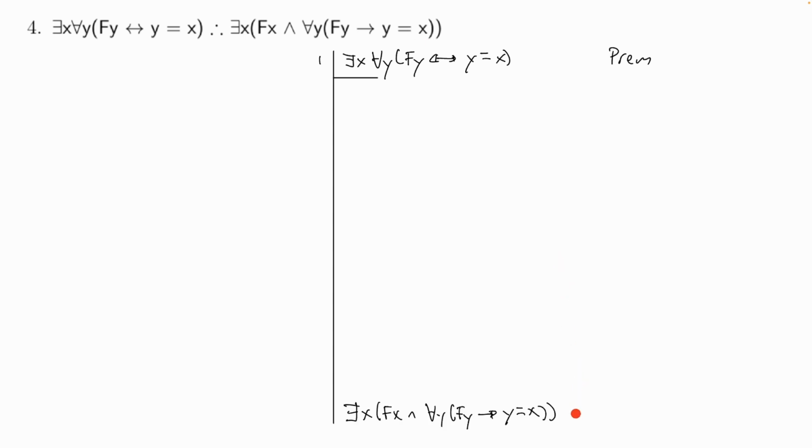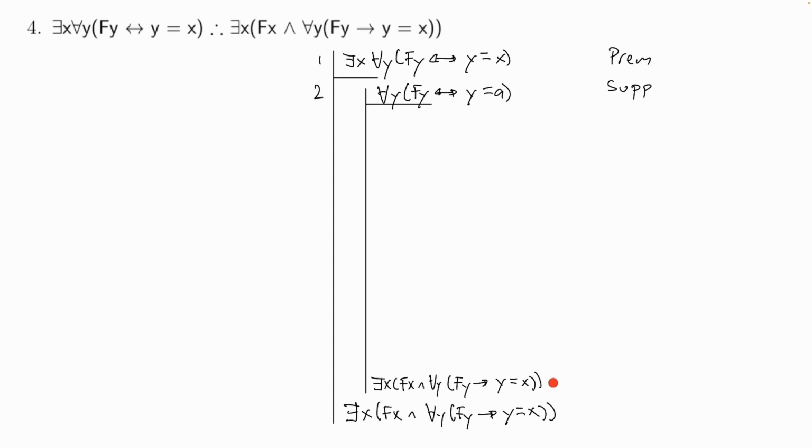Okay, now to derive this conclusion, presumably we're going to start by instantiating this existential statement and then deriving this conclusion under that supposition and using existential elimination to bring this all the way back out. So let's outline our proof like that.